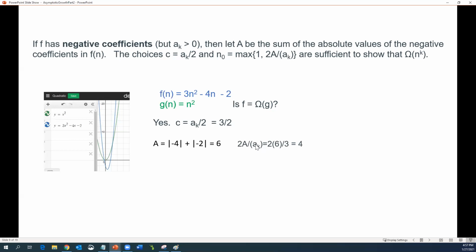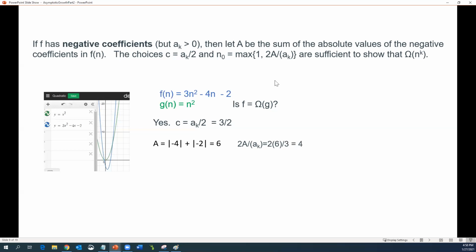And again, what's A sub k? Remember that just denotes the constant in front of the term that has the highest degree. And so this would be the n squared, and so it would be the 3. So 2 times 6 divided by 3, that would be 4.